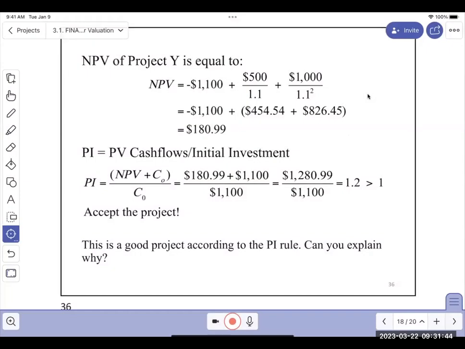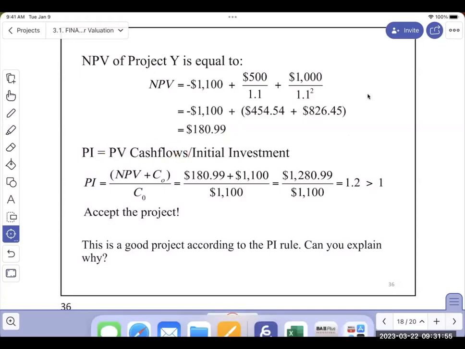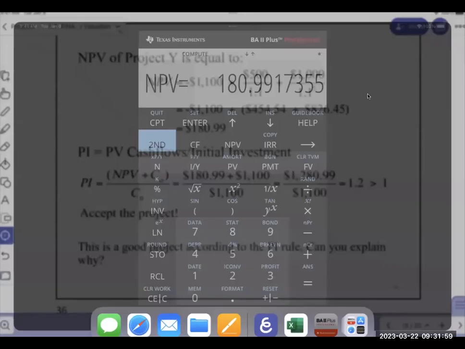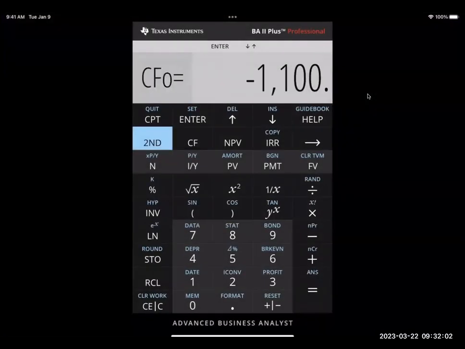Now we found the NPV, but let's get the profitability index. We could calculate the present value of future cash flows on our calculator, just forgetting about the initial investment.